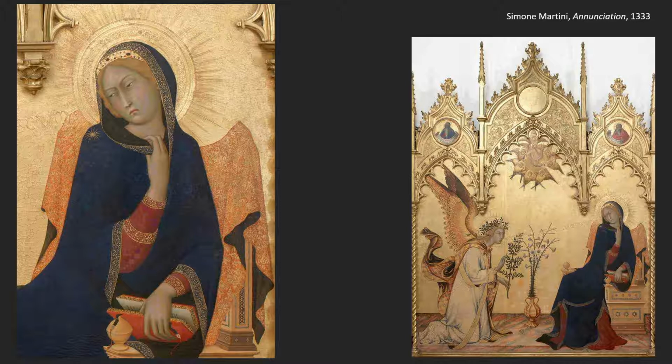And here she's listening to the angel. She's got a little bit of a cloak, right? And the words that the angel says are actually on the surface of the gold. You can see the last of the letters here, coming directly from the mouth of the angel to the ear of the Virgin, right?